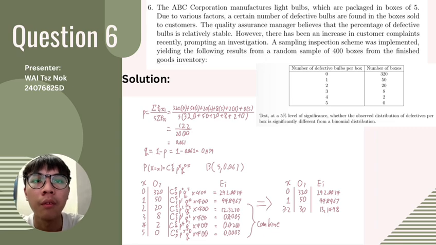Also, we can find the number of defective bolts by the sum of Fi times Si.